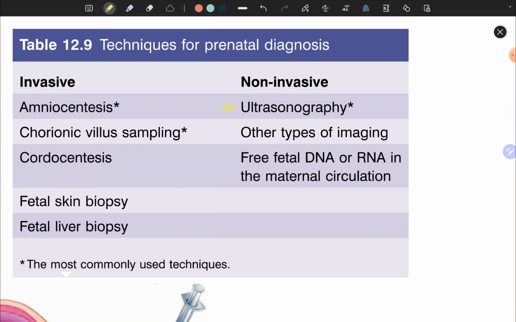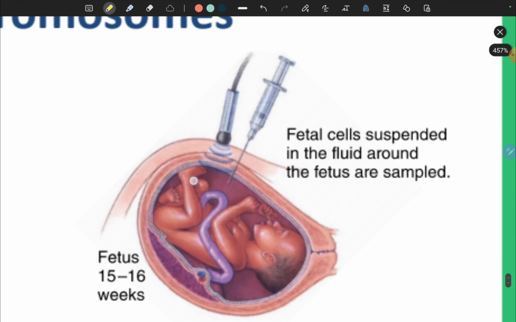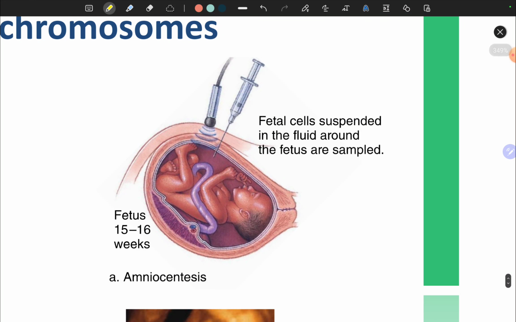So what is amniocentesis? This is done in good centers. For a fetus at the age of 15 or 16 weeks, usually they go for amniocentesis. This is containing the amniotic fluid.